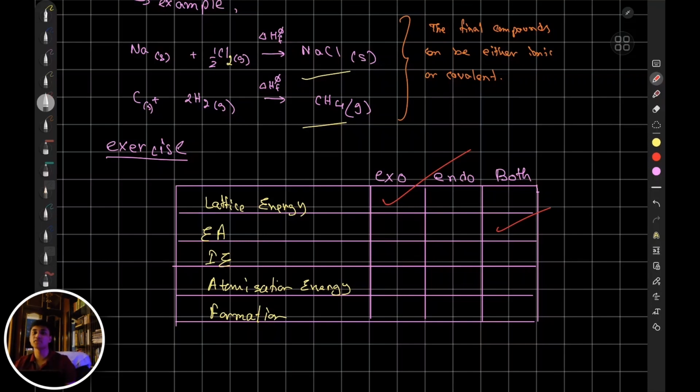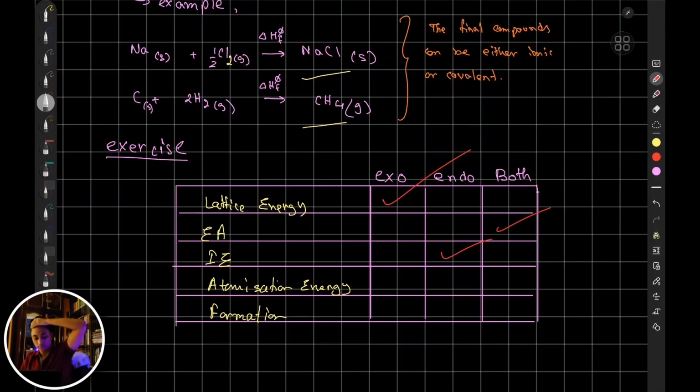No, it's not exothermic, it's endothermic. Always endothermic. Why is it endothermic? Because you are breaking off an electron from the atom. So what are you doing? You're giving energy to break the bond. Which is why ionization energy is an endothermic process.